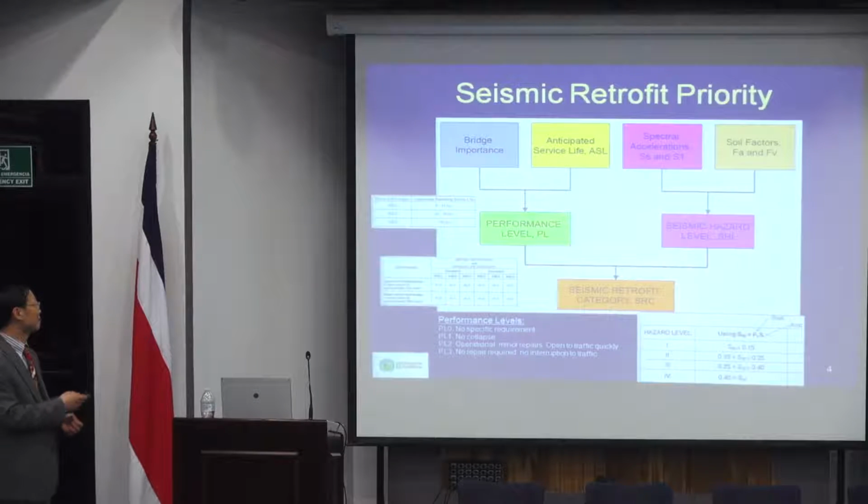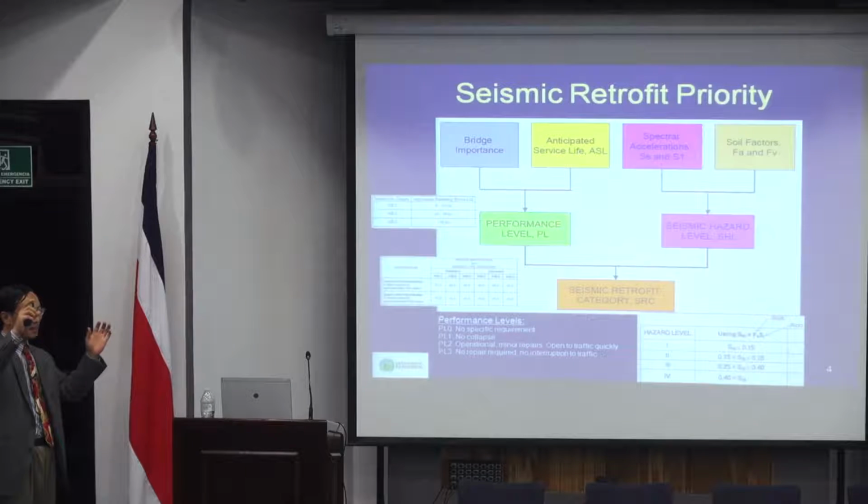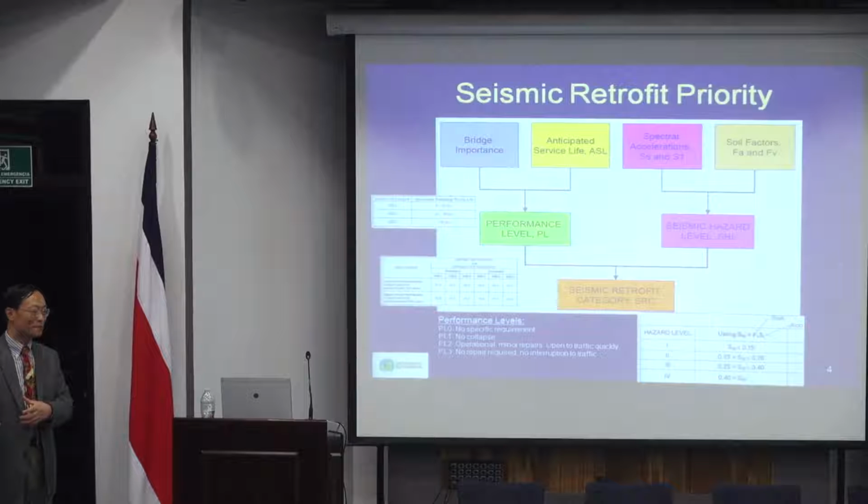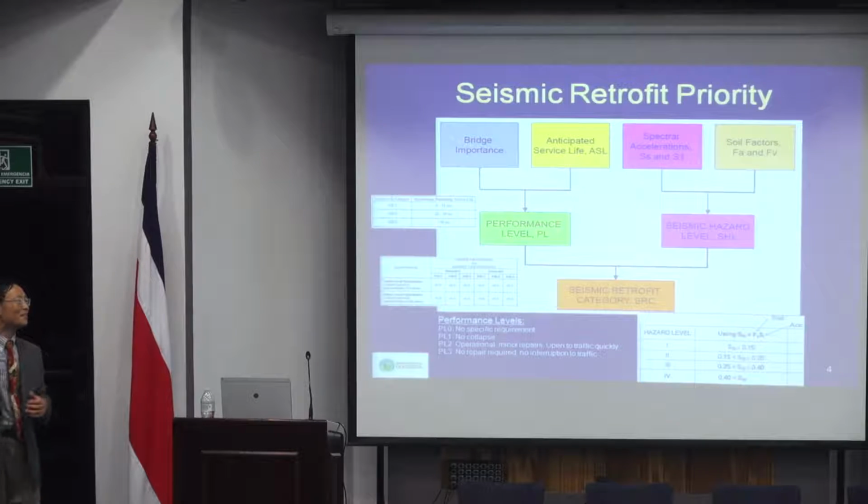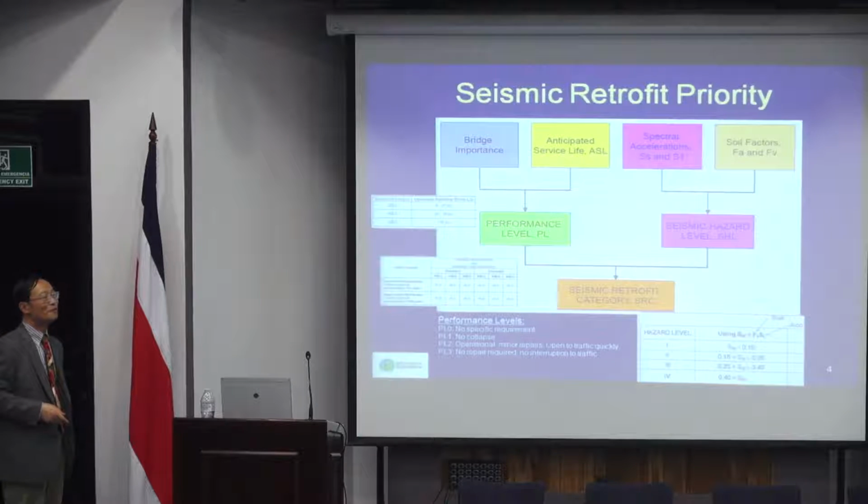And of course, there are many other issues. That's why they have different procedures to determine if a bridge needs to be retrofitted. Again, everything you do also depends on the resources. If you don't have resources to back up your demand, then this kind of exercise does not mean much.